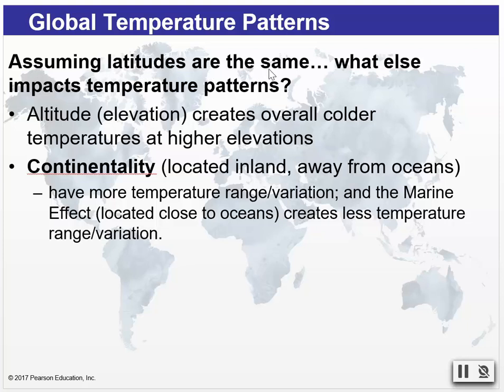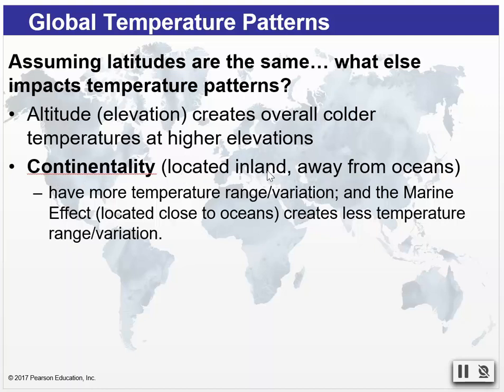When we're comparing two different points that have two different temperatures, we are going to be looking at two different locations that share the same latitudes. So what might change the temperature that those two locations are experiencing? One is going to be altitude, right? Elevation, how high above sea level we are. Generally, the higher you go above sea level, it's always going to get colder. We talked about continentality.